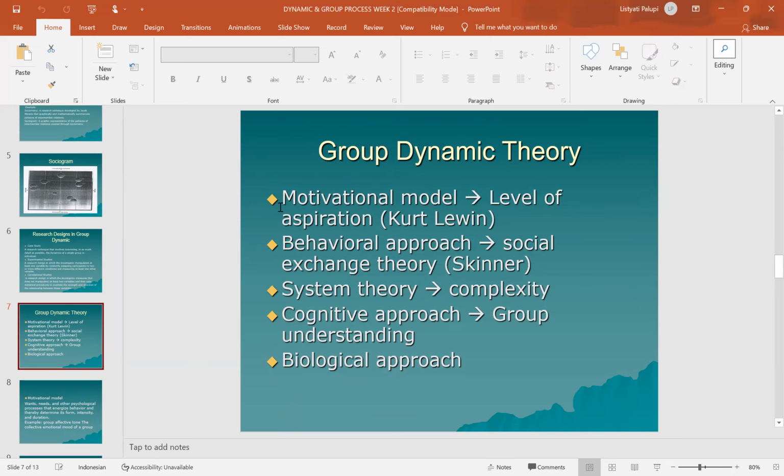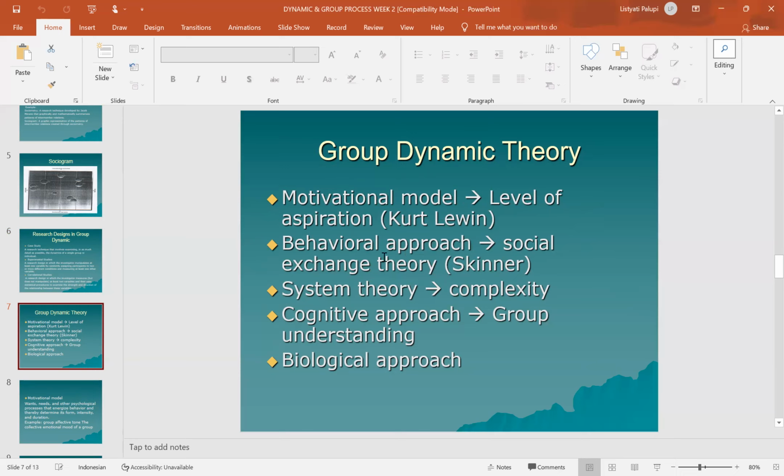The first theoretical perspective is the motivational model. An example of a theory based on the motivational model is Lewin's level of aspiration theory. The next perspective is the behavioral approach. An example of a theory based on the behavioral approach is Skinner's social exchange theory.